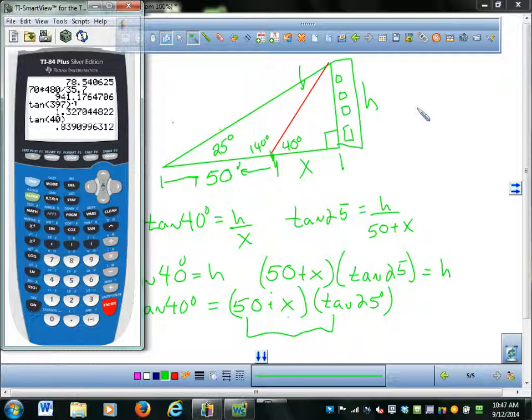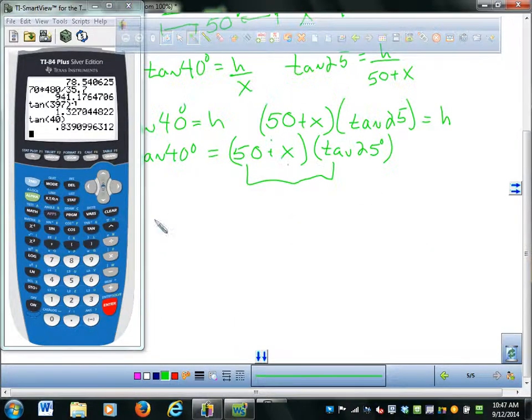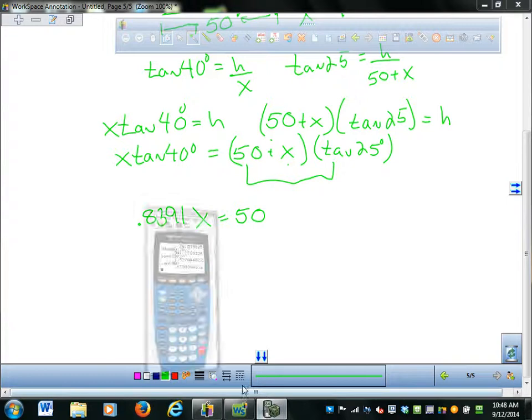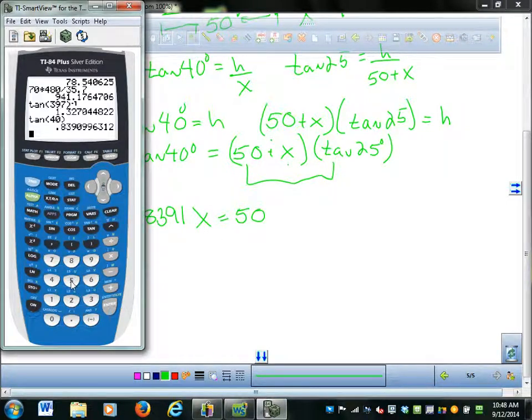So probably to 4 decimal places. So solving this problem, I'm going to get 0.8391 x, right, because that's what tan of 40 is equal to, 50 tan 25. I guess we have to figure out what 50 tan 25 is. 50 times tan 25.